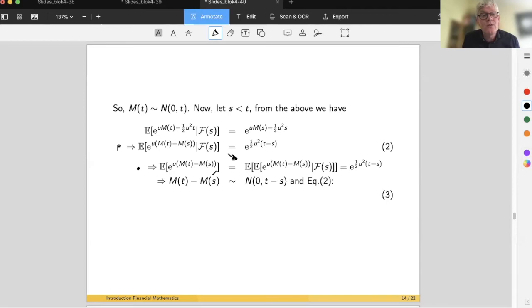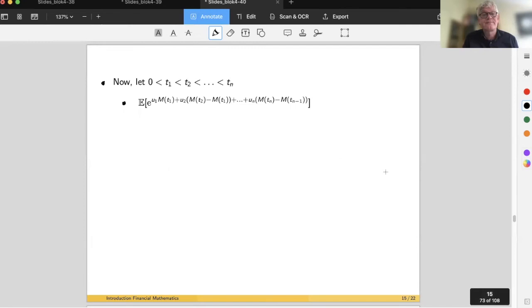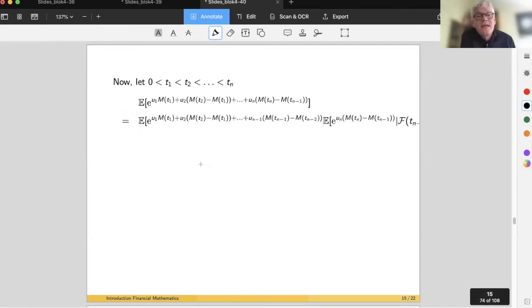This is what we know. This is what we have. This is identical to the iterated conditioning. So we take some term inside, and then we can make use of the fact that we know what it is. We take the iterated conditioning with the filtration up to tn minus 1.